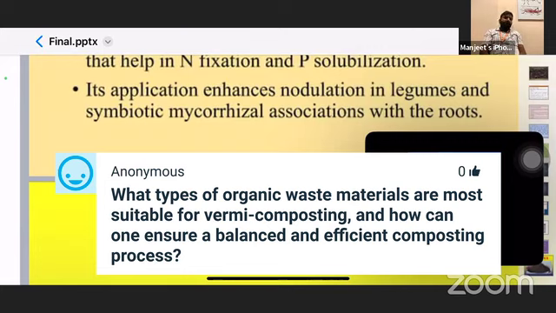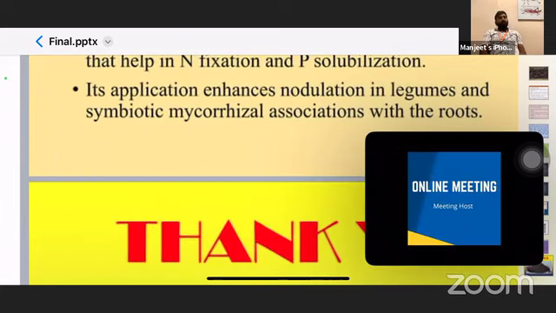But along with cow dung, you can use agriculture waste like paddy straw and wheat straw. But before using it as input material, we need to chop this straw. So the major input material is cow dung.